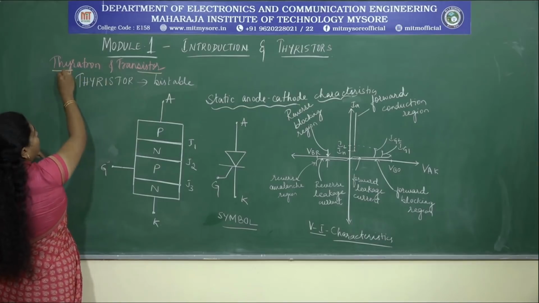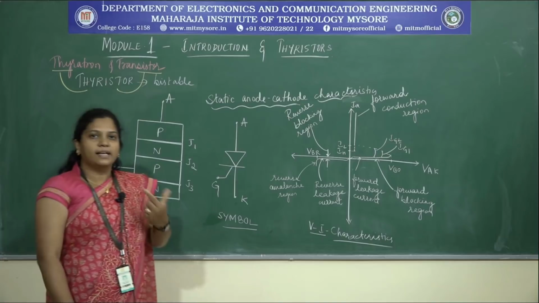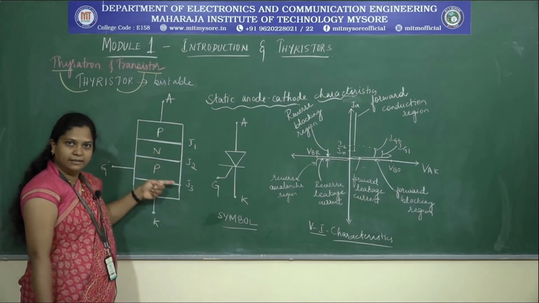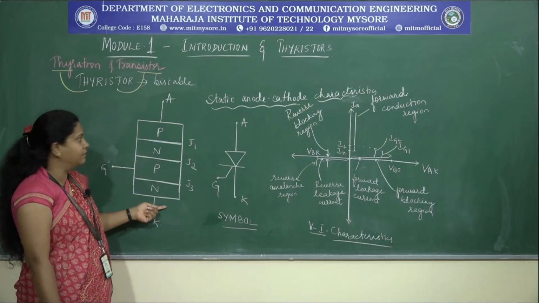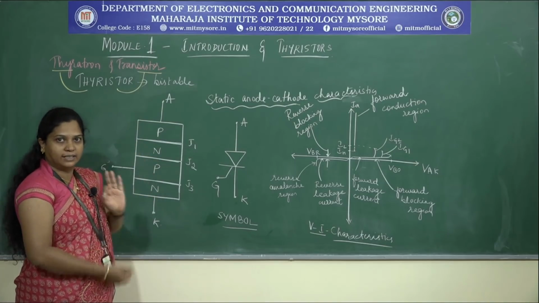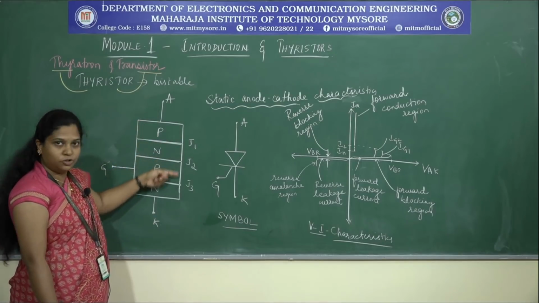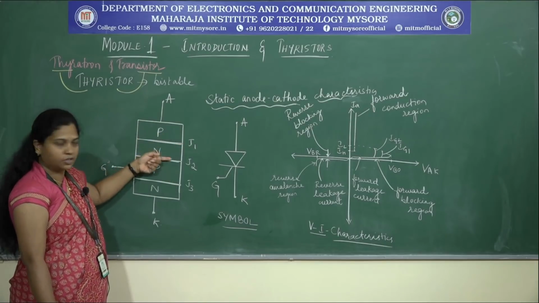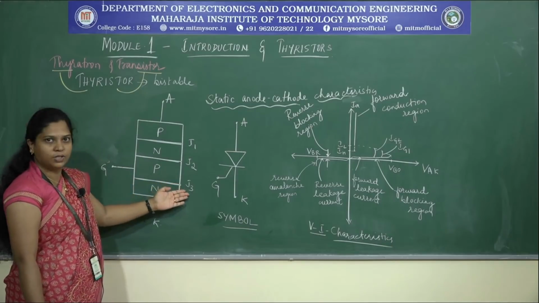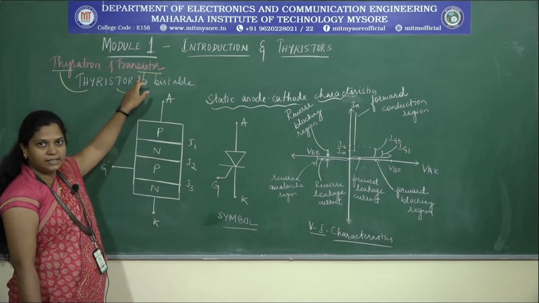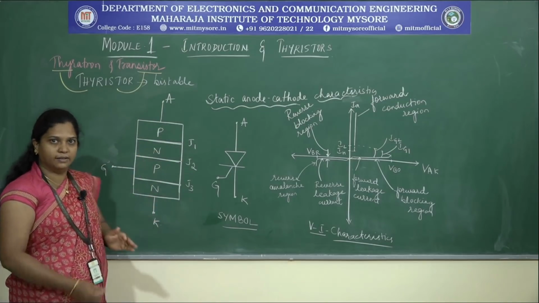So the combination of these two is nothing but the thyristor. Thyristor is a 4-layered PN device, which has 3 terminals, anode, cathode and a gate, and 3 junctions, the first junction J1, the second NNP junction J2 and the PNN junction J3. So thyristor is a 4-layered, 3-terminal, 3-junction device.